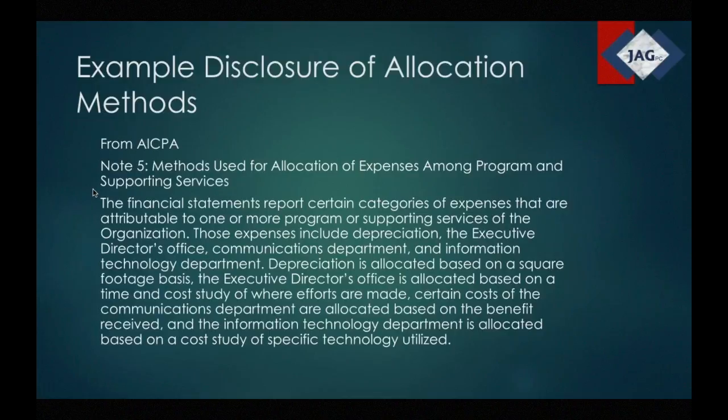Depreciation is allocated based on a square footage basis. The executive director's office is allocated based on a time and cost study of where efforts are made. Certain costs of the communications department are allocated based upon the benefit received. And the information technology department is allocated based on a cost study of specific technology utilized. That's the kind of detail they're expecting when it comes to your functional expenses.